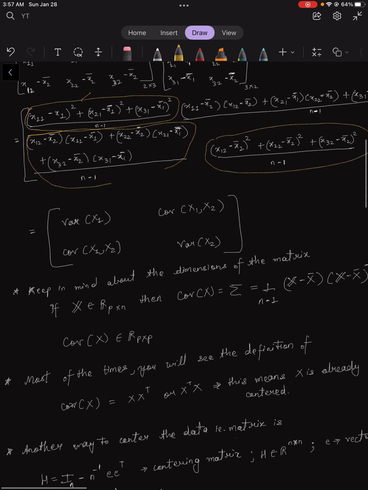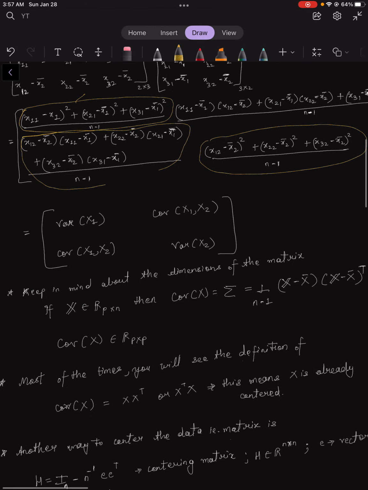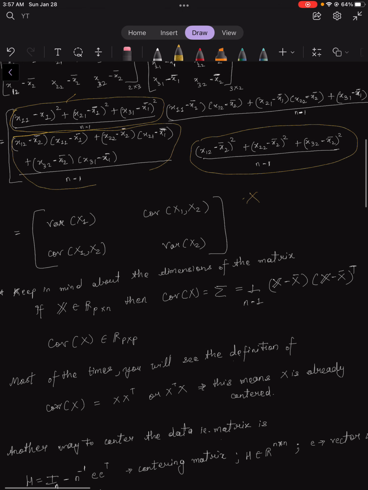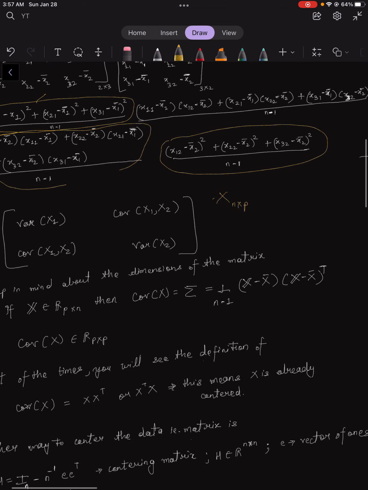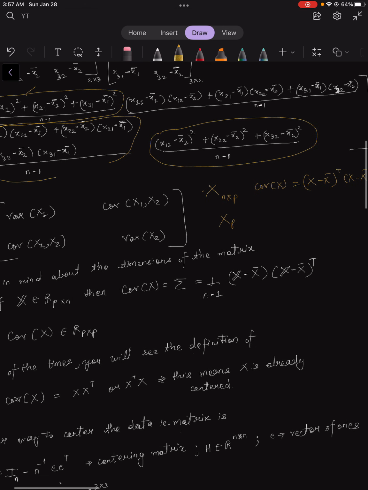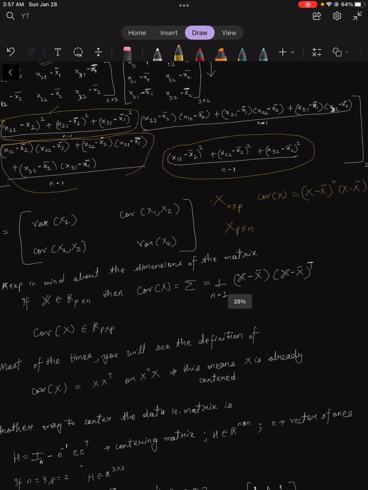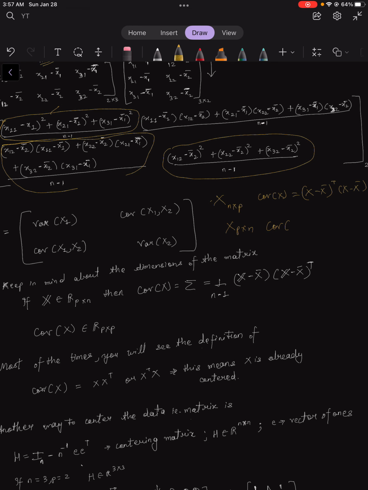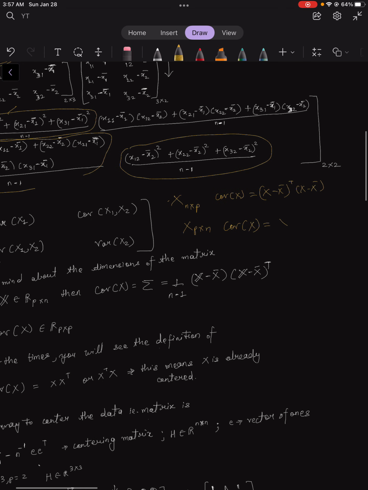Now keep in mind the dimensions of the matrix. Here the original matrix X was of the shape n by p. Therefore the formula to calculate the covariance matrix was (X minus x bar) the whole transpose multiplied by (X minus x bar). If X was of shape p by n, then the formula would have been (X minus x bar) multiplied by (X minus x bar) the whole transpose.